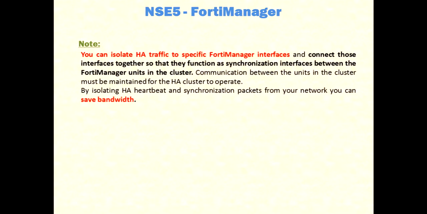Communication between the units in the cluster must be maintained for the high availability cluster to operate. By isolating high availability heartbeat and synchronization packets from your network, you can save bandwidth.